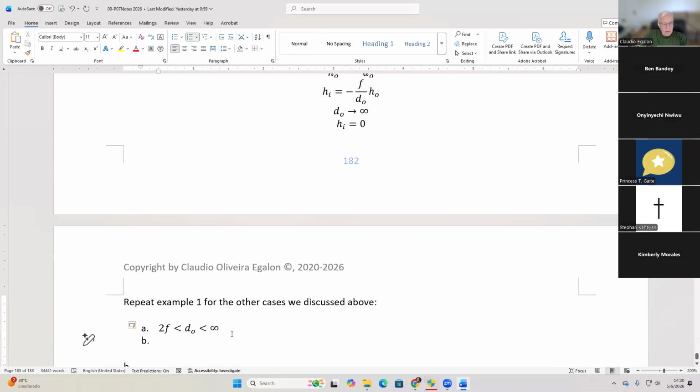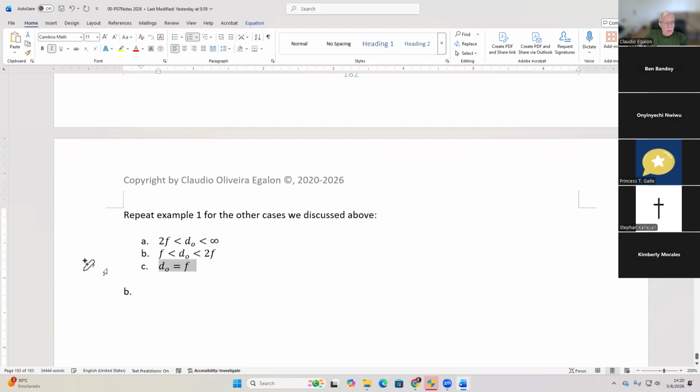Another one, D naught between 2F and F. D naught equal to F, lowercase f.